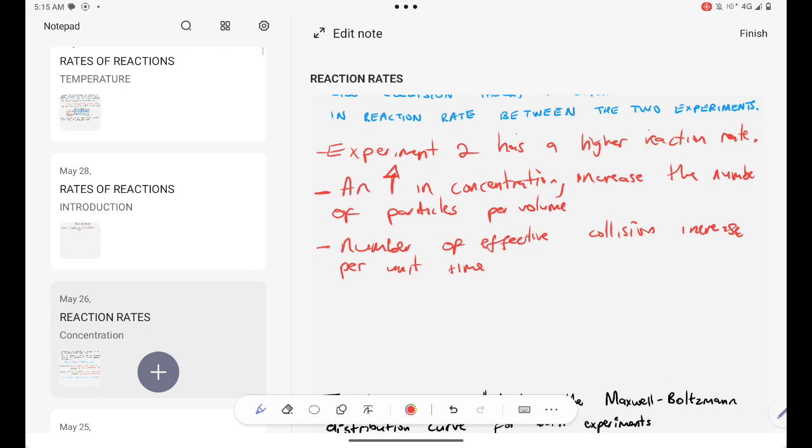And then hence the rate of reaction also increases.